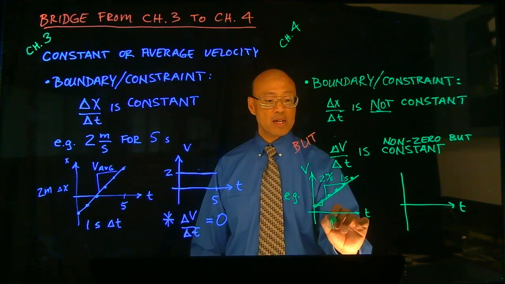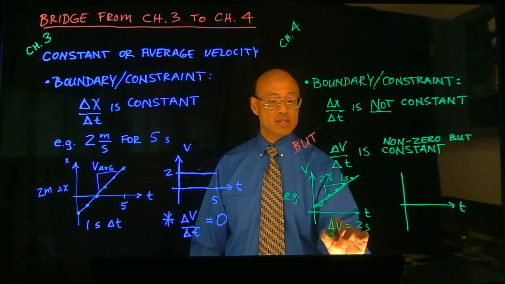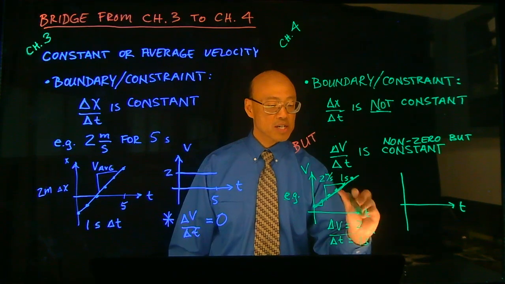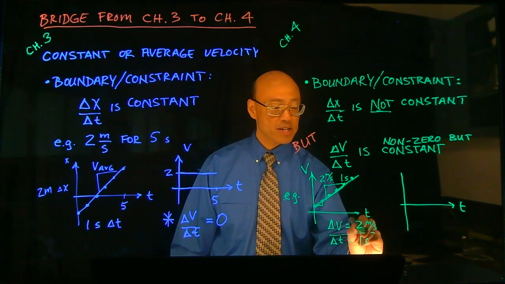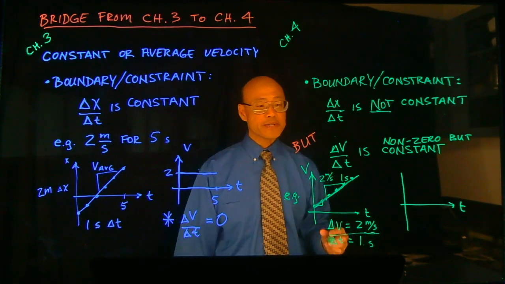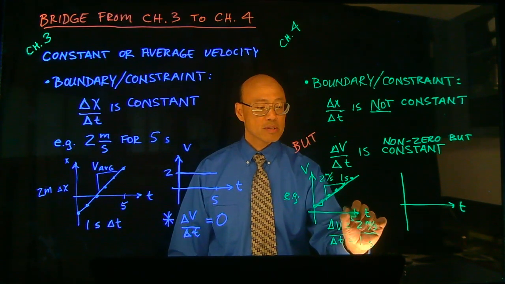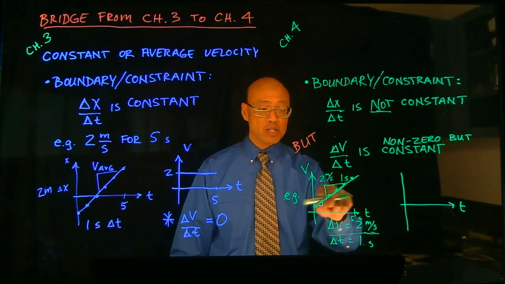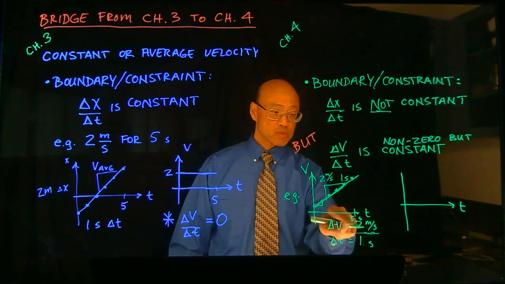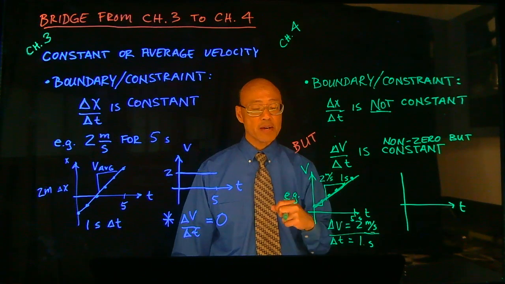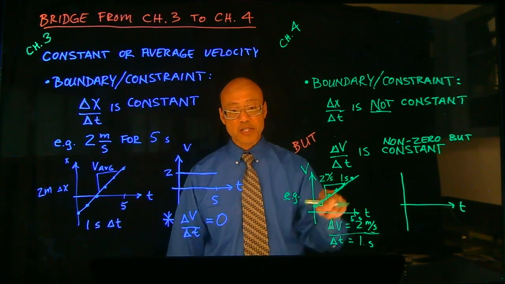So delta v is 2 meters per second, and my change in time is 1 second. Let's say my slope is 2 meters per second for 5 seconds. Then my velocity will change for a total of 2 meters per second for 5 seconds, 10 meters per second. Okay? So this is the new world we're entering in Chapter 4.